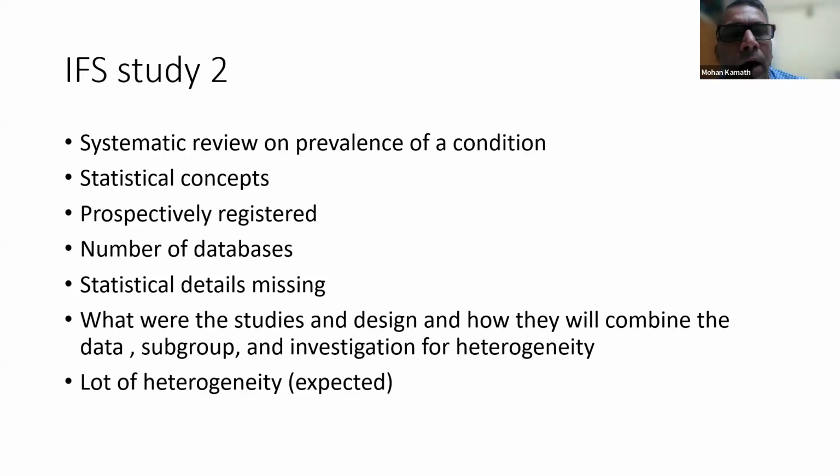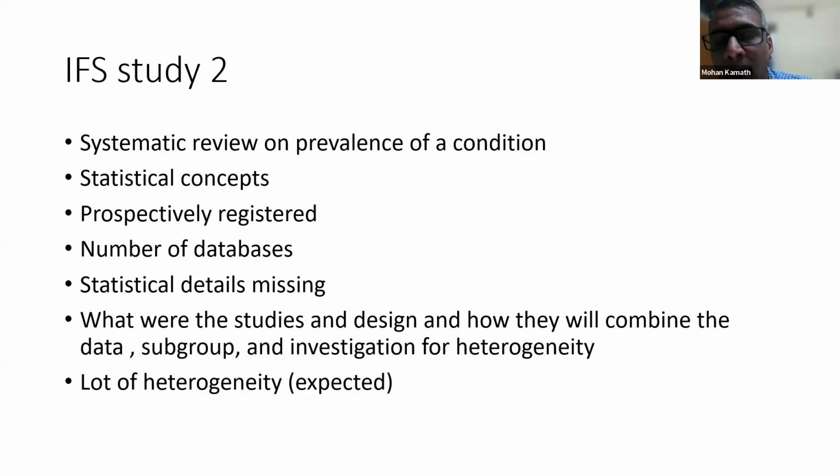As a reviewer myself, I would really focus on how they went about doing this. Probably they have it in the Prospero registration. I would be keen to see which studies they wanted to include, what the designs were, and how they were planning to investigate something called heterogeneity.